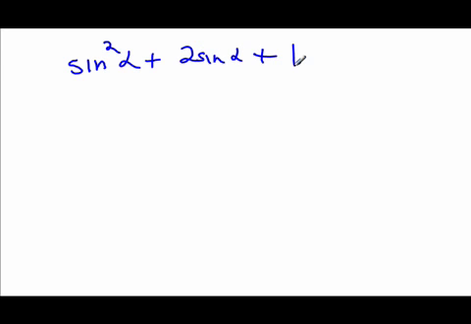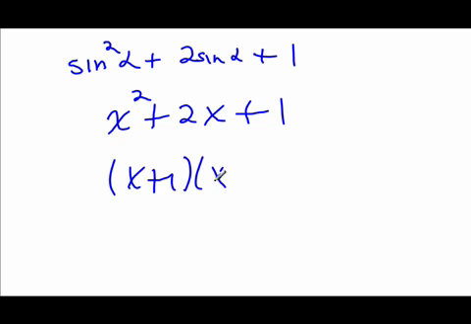Now, when I stare at that at first, nothing jumps out at me. Look at it in terms of something you're familiar with. Instead of sine alpha, what if it just would have been x? This is the same thing as x squared plus 2x plus 1. Right? That's all that is. And when you factor that, you get x plus 1 times x plus 1.